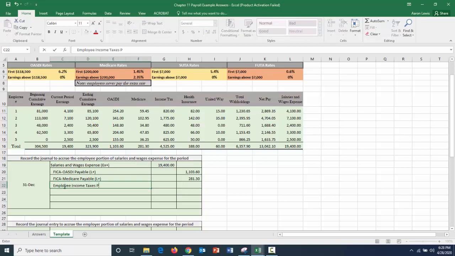And then next up, we're going to have a credit to employee income taxes payable. And that is going to be from our payroll register for $4,525. Underneath that, we have health insurance payable.